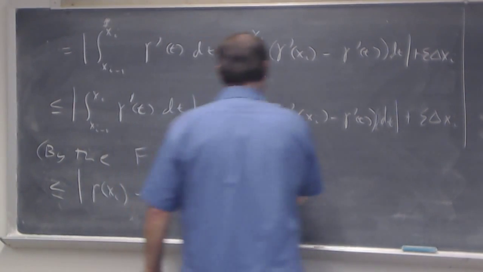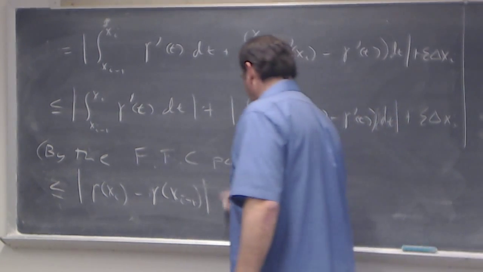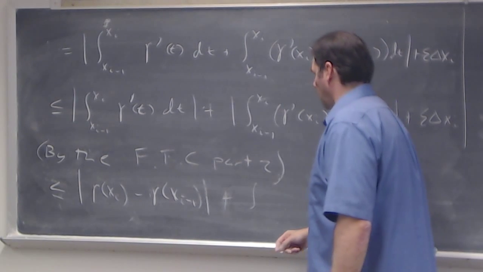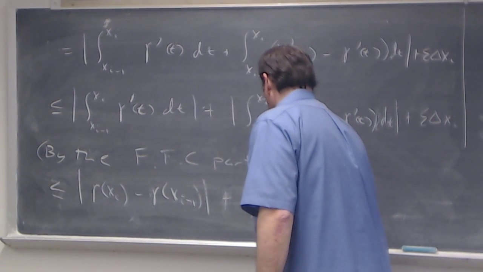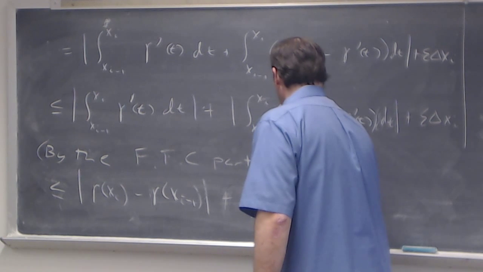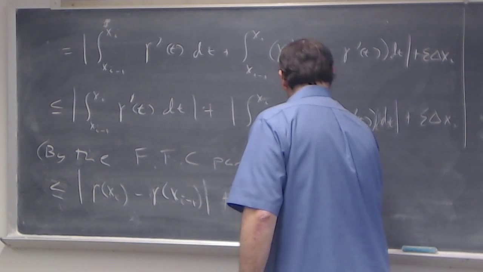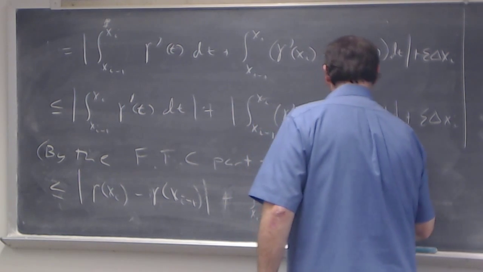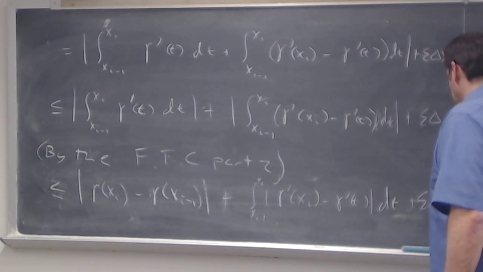And what I'm going to do is move my norms inside the integral, which makes what I'm about to write bigger than the norm of the integral. So the integral of the norm got big. And then we've still got this plus epsilon times delta x_i sitting here.